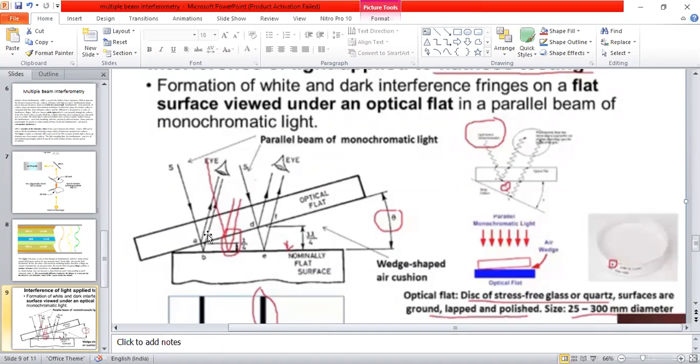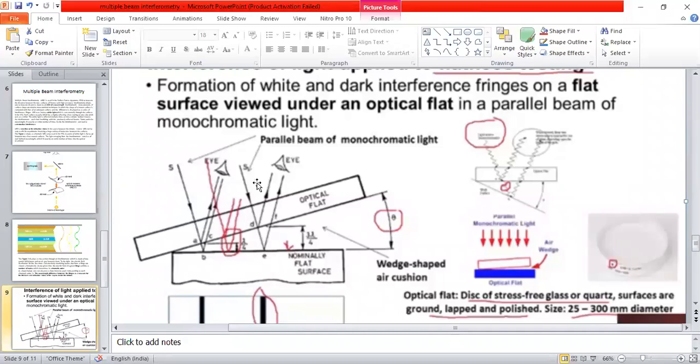One more ray is coming and moving again. You can check: if it were constructive interference, it would have produced a white fringe, but here it is the dark fringe.